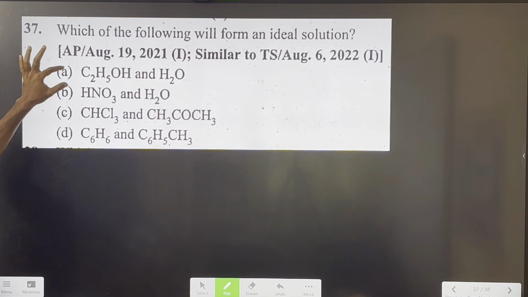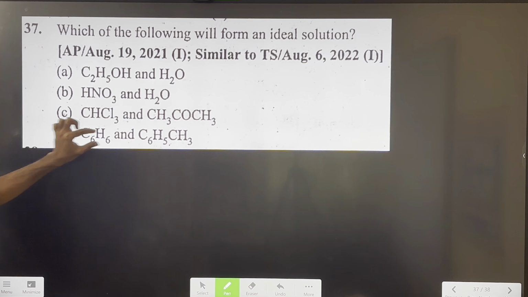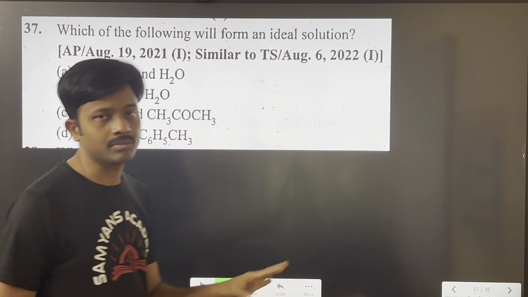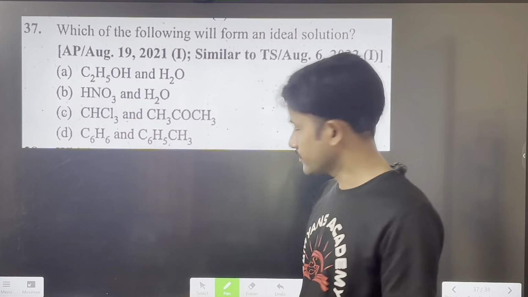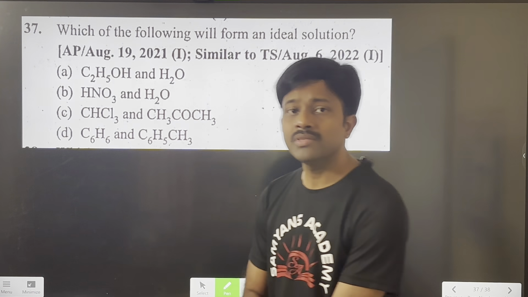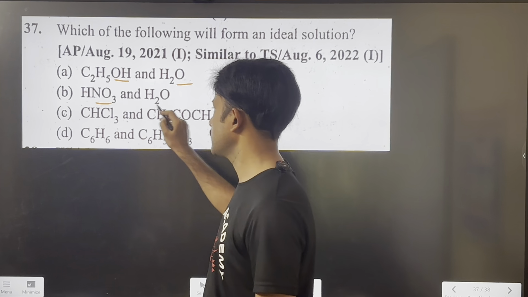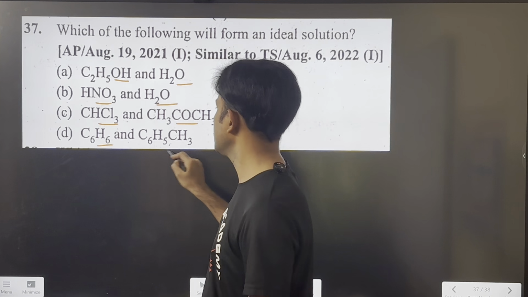Okay, which of the following will form an ideal solution? Which combination gives an ideal solution? Ethanol and water, nitric acid and water, chloroform and acetone, and benzene and toluene. Now observe among these which combination has similar structure, because that combination gives you an ideal solution. Here alcohol and water, acid and water, chloroform and acetone, and benzene and toluene.